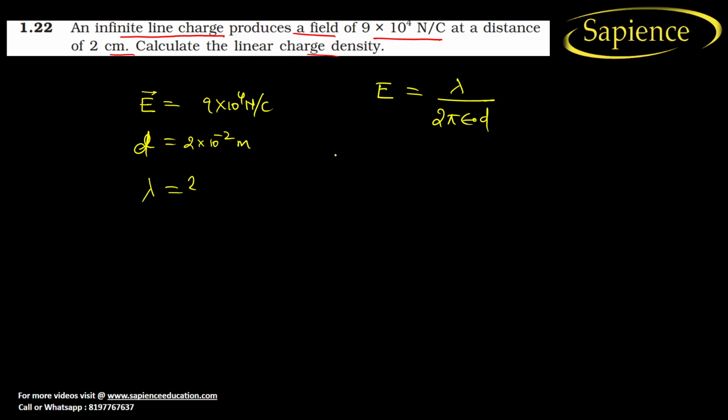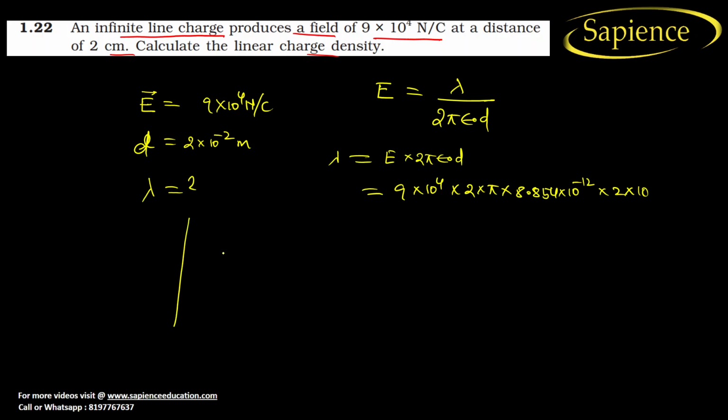From here, lambda is equal to E into 2 pi epsilon naught into d. So the electric field is 9 into 10 to the power 4, into 2 into pi into epsilon naught, that is 8.854 into 10 to the power minus 12, into d, which is 2 into 10 to the power minus 2. Not diameter, that is the distance.